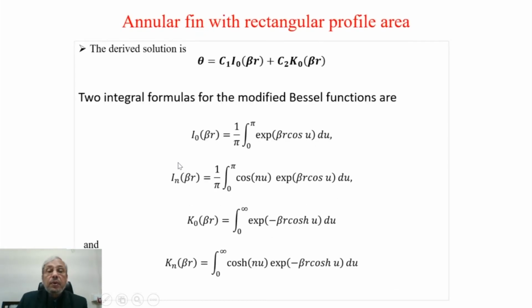So therefore, this derived solution is theta equal to C1 I naught beta r plus C2 K naught beta r. At r equal to r1, we know the boundary condition T equal to T naught, that means theta equal to theta naught.